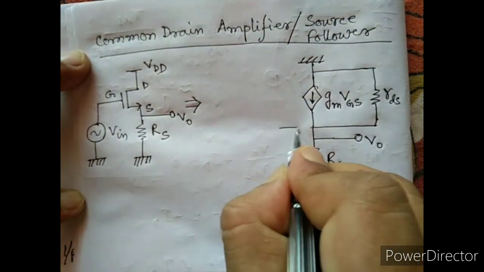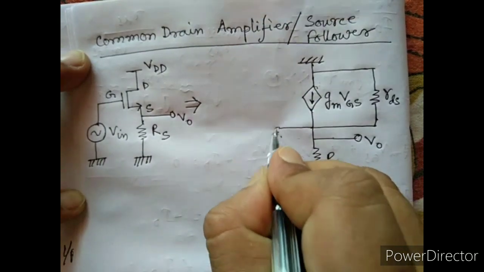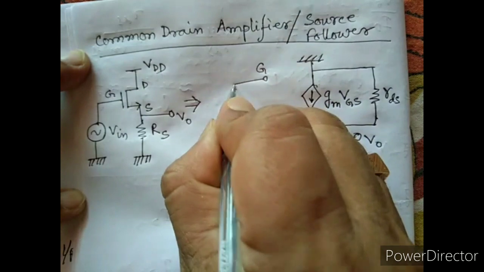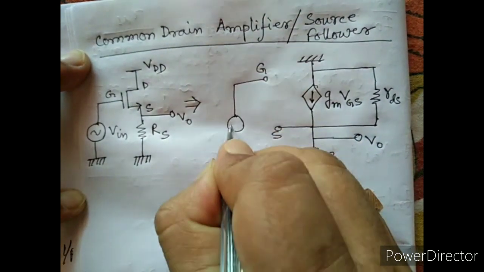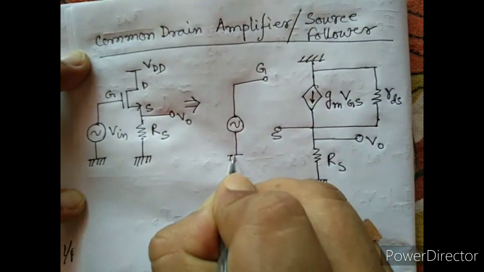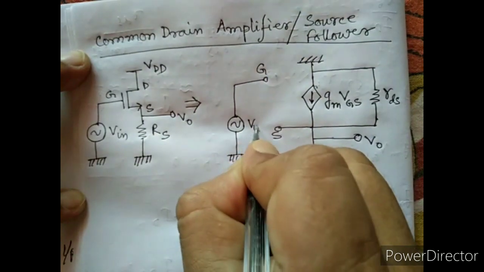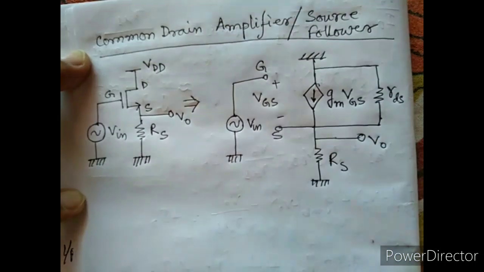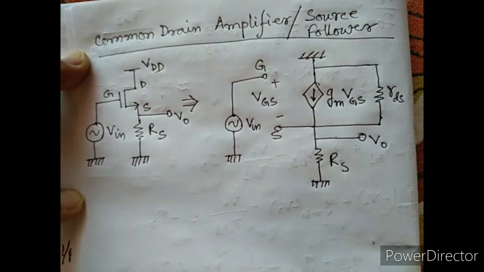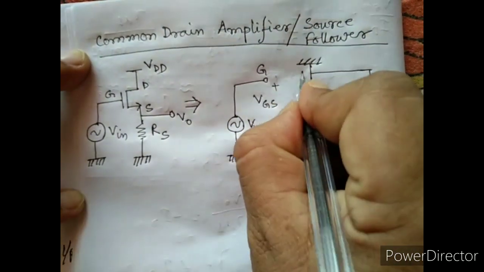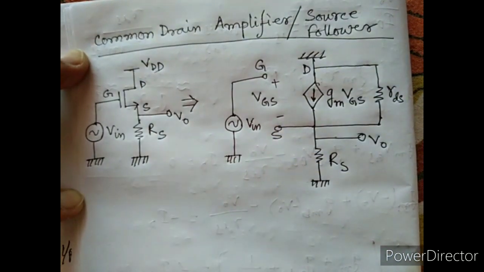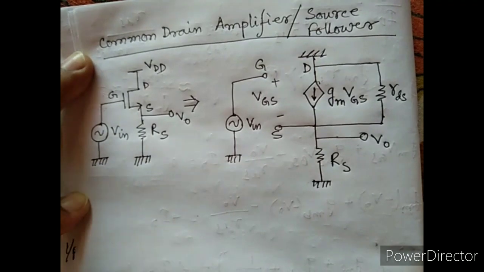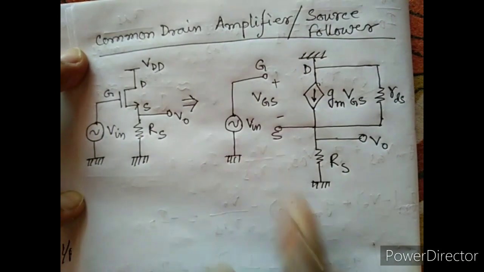This is your source, this is gate, connected to Vin, this is VGS. Now when the drain is grounded, it will be common to input and output terminals. So, common drain amplifier circuit.